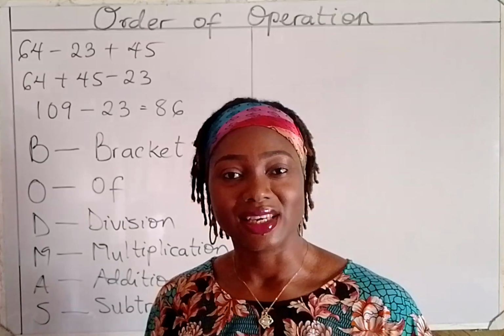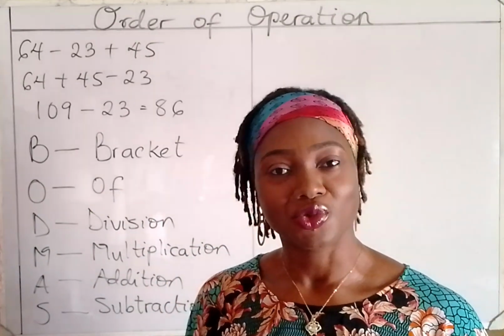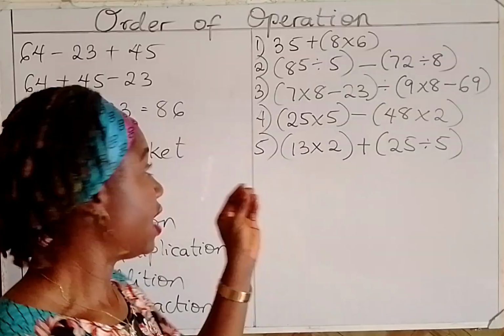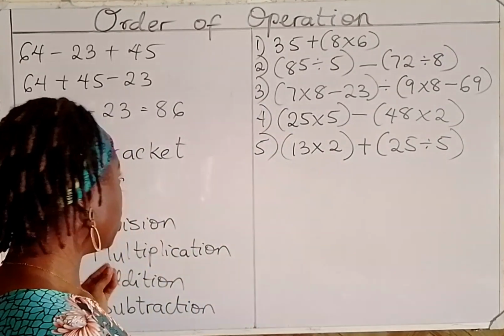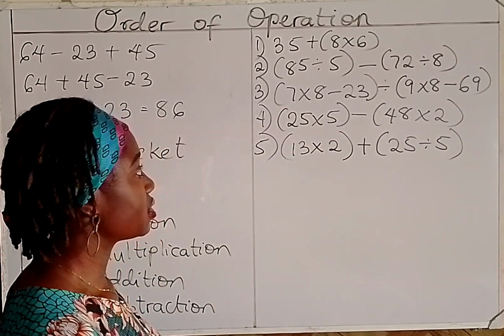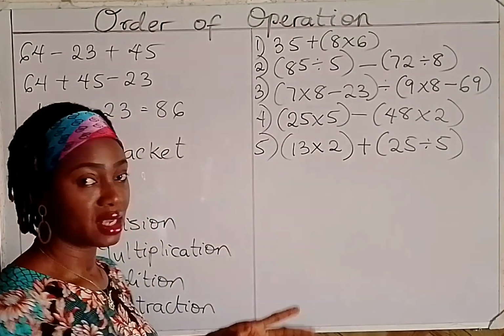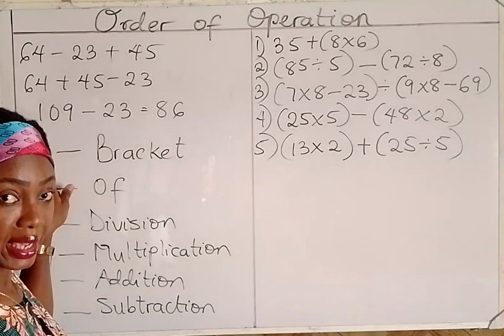So I'm going to go right into the examples on how to use this acronym to solve questions that have to do with order of operation. We have questions like this. How do we use the BODMAS formula to solve this? Now the first question says 35 plus, in brackets, 8 times 6. The first thing to do here is to open the brackets.